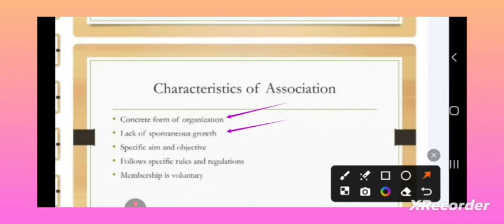Lack of spontaneous growth. It is planned and created deliberately, not developed naturally over time like a family or neighborhood. Specific aim and objective. Its entire existence is tied to one defined purpose. Example, promoting a sport, achieving political power, or raising funds for a charity.